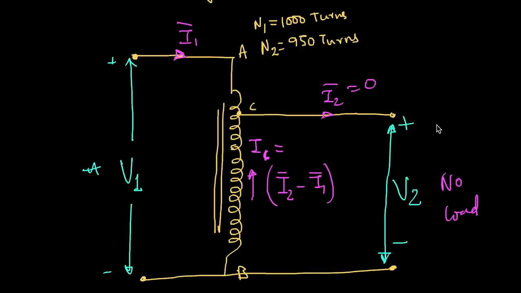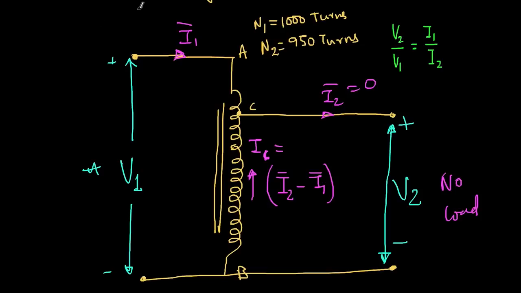Now let's analyze this a little bit further. We know that the transformer is transforming the voltages. So the quantity V2 by V1 is nothing but your transformation ratio. For the currents it will be reverse, I1 by I2, because if the voltage is reducing, the current will increase to compensate the ampere turns.